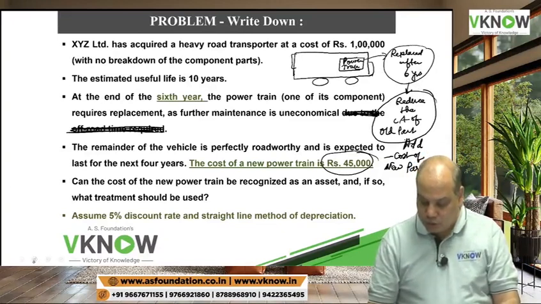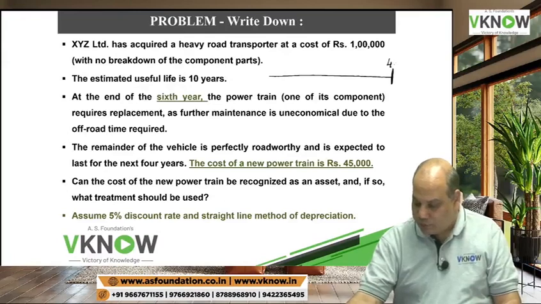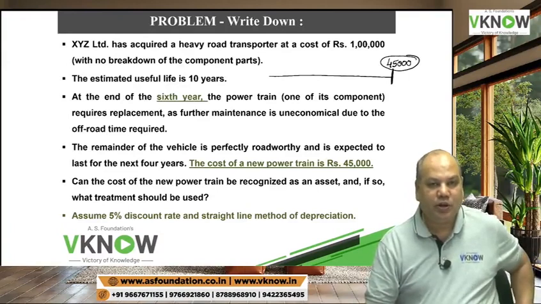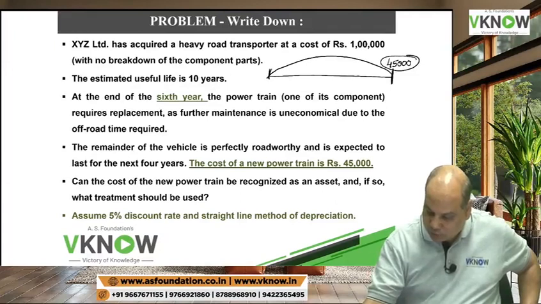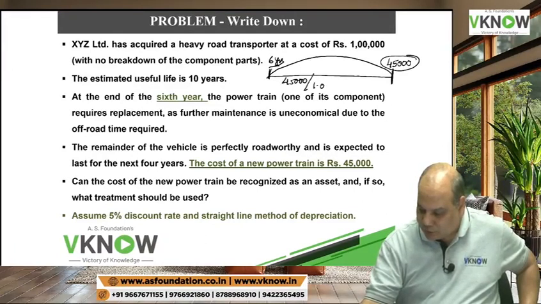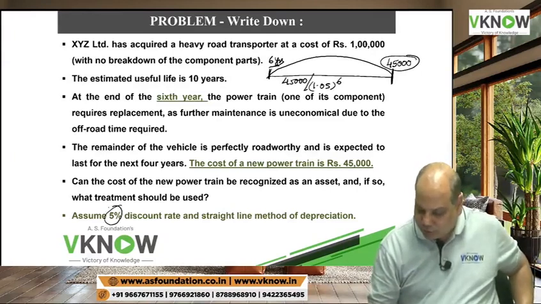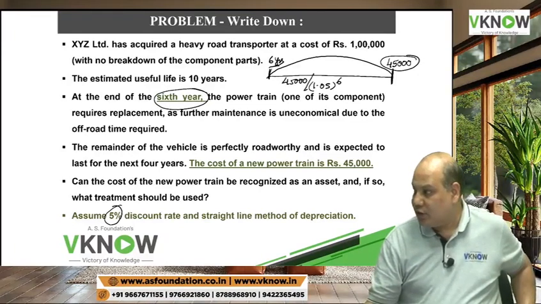So how do I calculate the carrying amount of the old part? The part being replaced today is costing 45,000. How much would it have cost 6 years ago? For that I will have to take 45,000 divided by 1.05 to the power 6, because the discount rate is 5% and the time is 6 years.